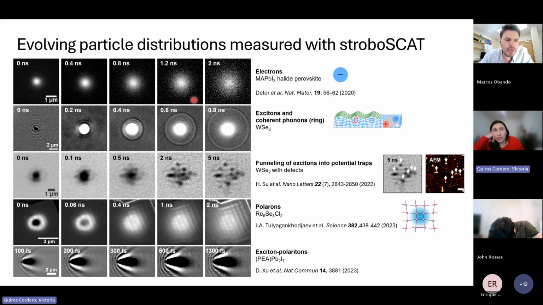Yeah, that's a great question. In this case, we're working with these transition metal dichalcogenides that are very, very thin, and sometimes when you move that very thin crystal, you can stop thinking of it as a crystal, and it's more like a paper sheet. So when you deposit it onto a substrate, you form these nanobubbles.